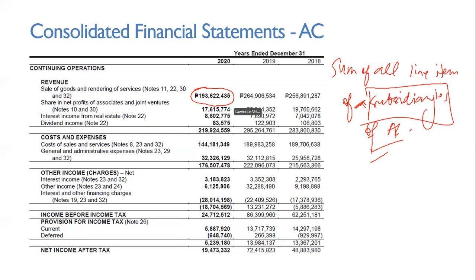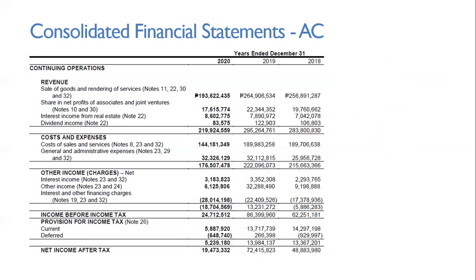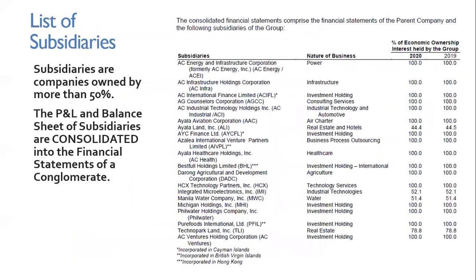Okay? It's the sum of the sales of all subsidiaries of AC. What are subsidiaries? Subsidiaries are companies owned by AC, and AC's percentage ownership is more than 50%.